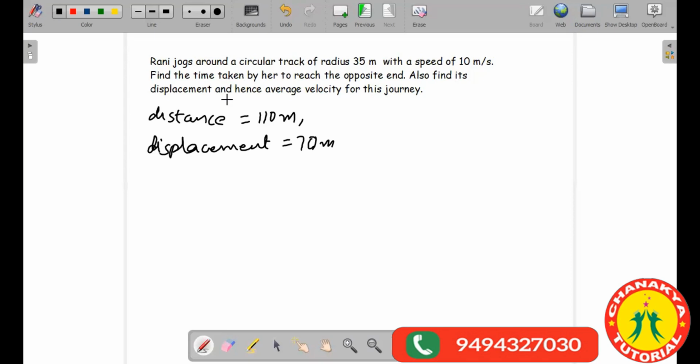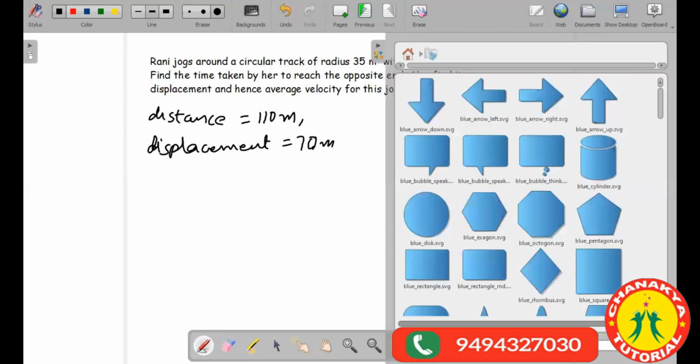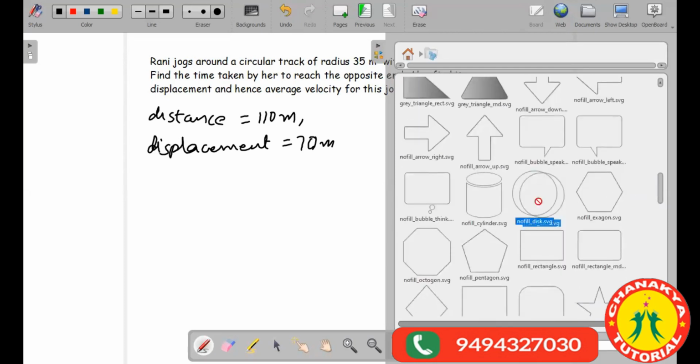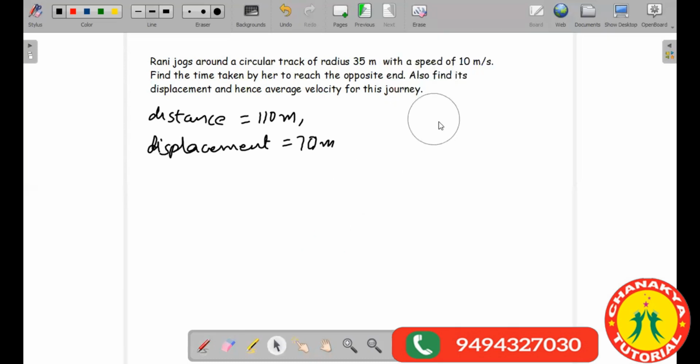Sir, do we have to find the time for her covering the distance or displacement? The question is pretty simple. Now you have to decide which one you have to use, which one will give you the right answer.